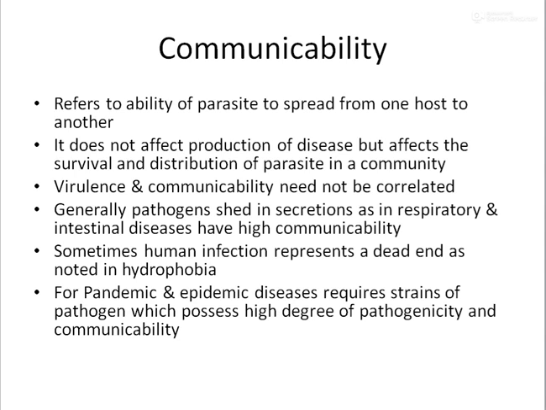Virulence and communicability need not be correlated, because pathogens that shed in secretions, as in respiratory and intestinal diseases, have high communicability. Communicability means the ability to spread from one host to the other.